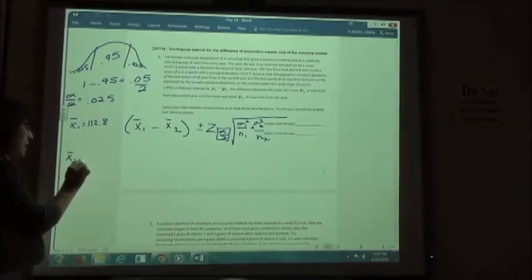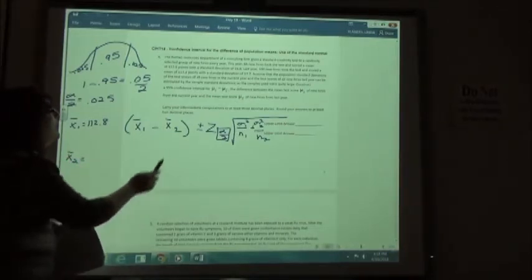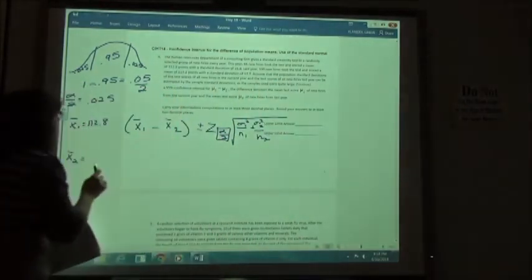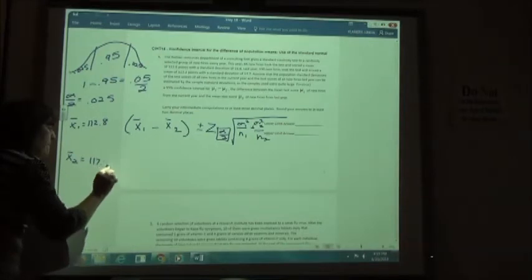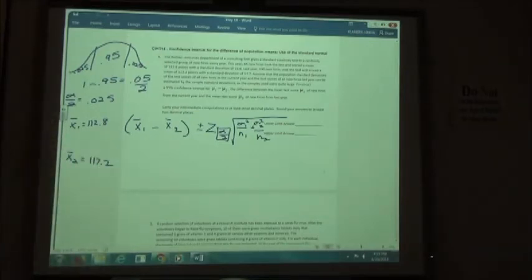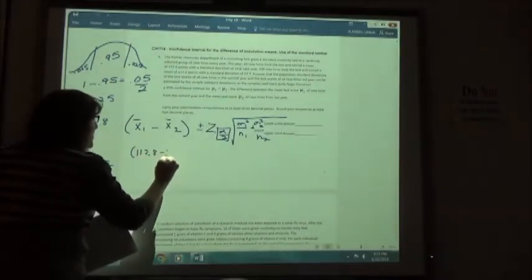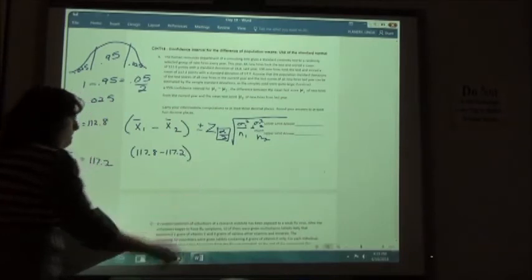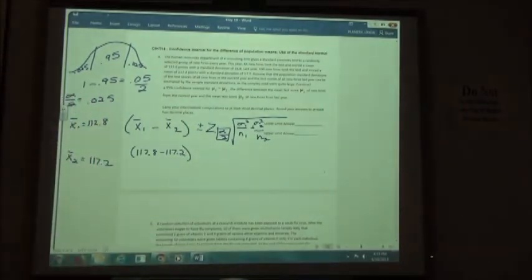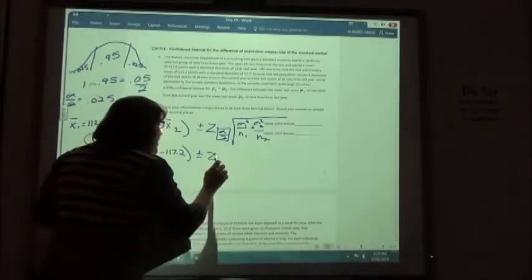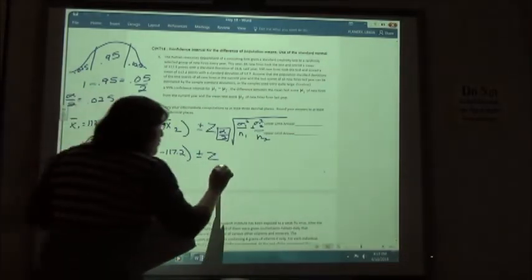My mean for last year was 117.2. So the first part of my formula, I'm taking 112.8 minus 117.2, plus or minus z sub 0.025.